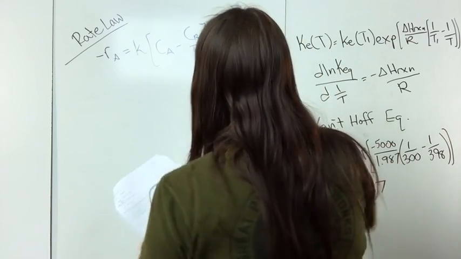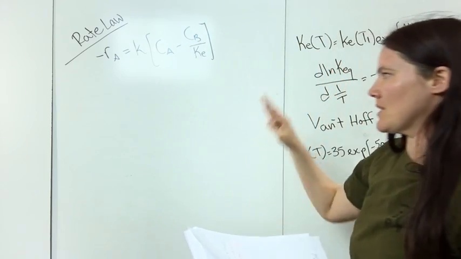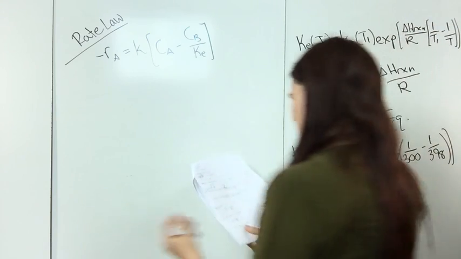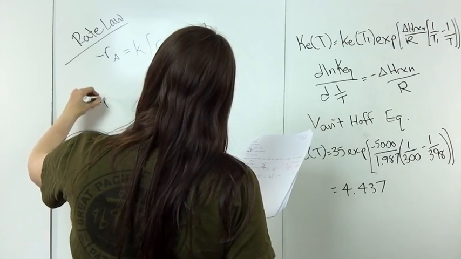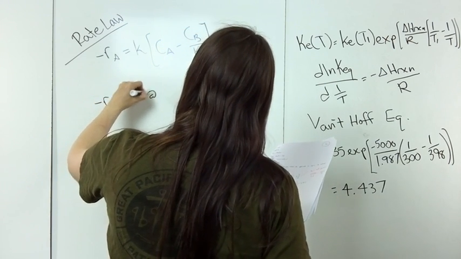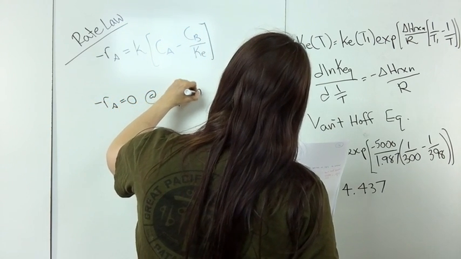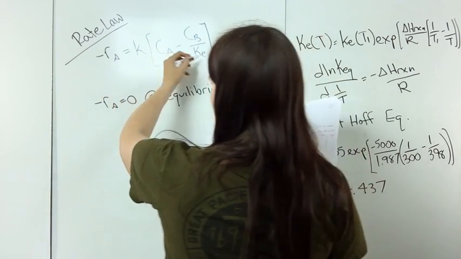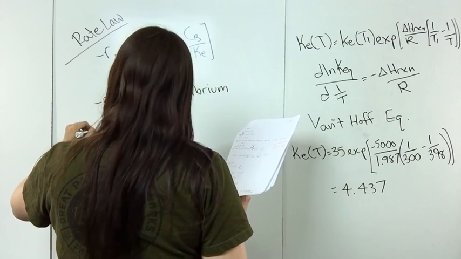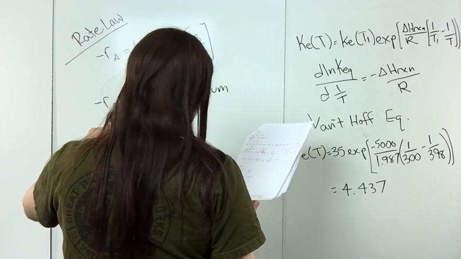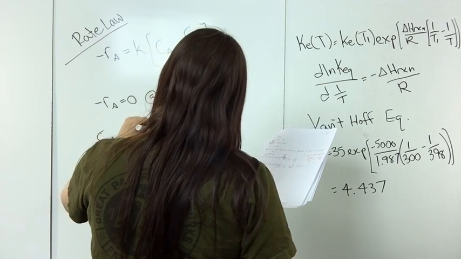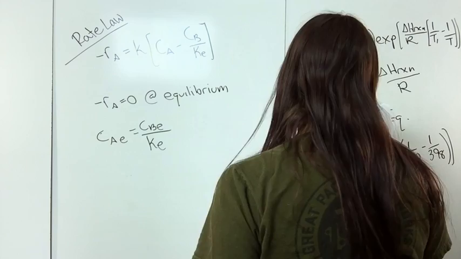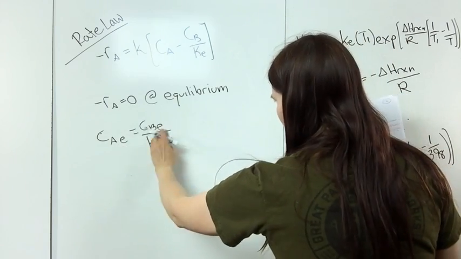And so the reason why we can use this equation is because for a reversible reaction we can find what's called an equilibrium conversion. And so at equilibrium we know that minus rA is equal to 0. And so we can set this to 0, and if we do that, we end up with CAe is equal to CBe over Ke. And I just added the e's so I know that this is equilibrium conversion.